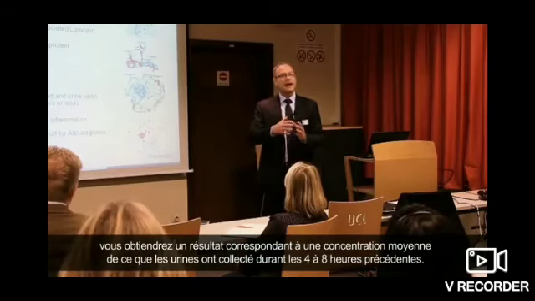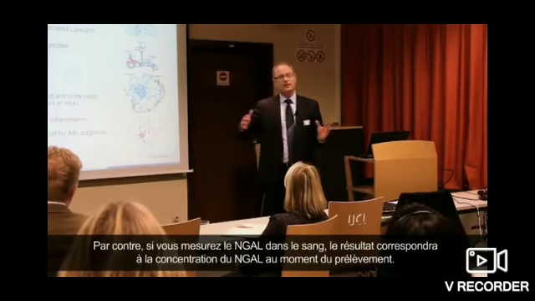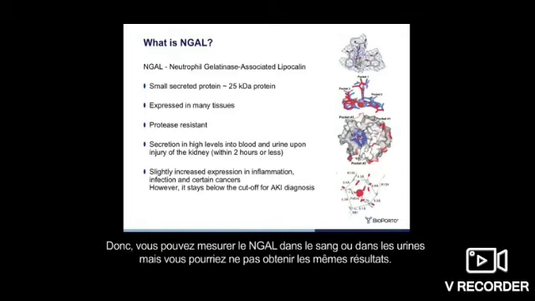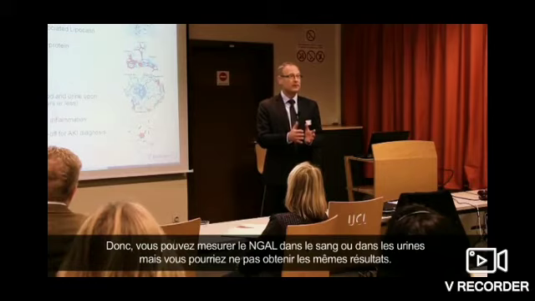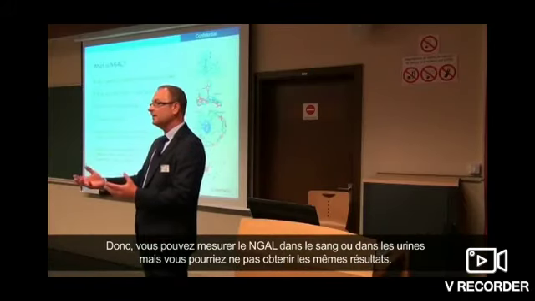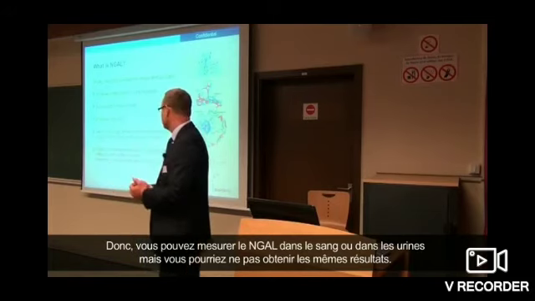So it'll be an average. On the other hand, if you take a blood sample, it'll be the NGAL in the blood at that moment. So you can measure both, and you can use the same NGAL to measure both, but you might not get the same result, maybe because of the method that you use to take the sample.